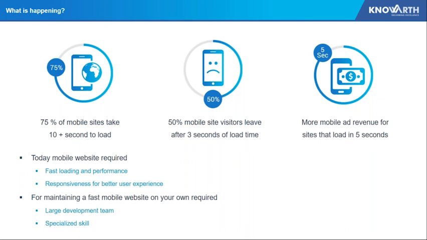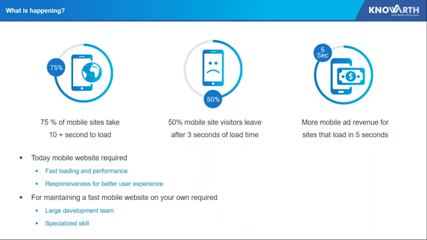So it takes more time to load, and because of that, 50% of mobile website visitors leave after 3 seconds of load time. And surveys also show that more mobile ad revenue is generated for sites that load in 5 seconds or less.